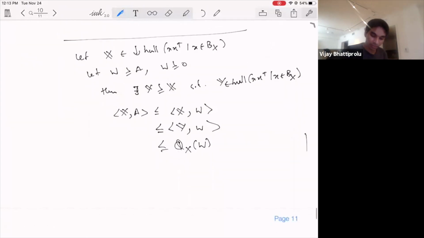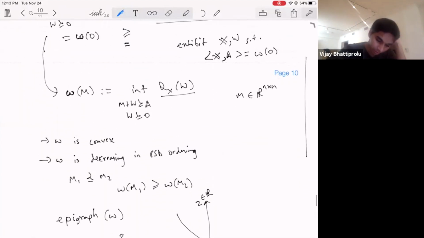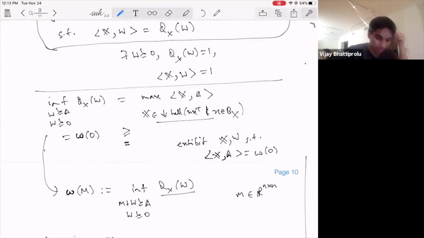So this implies the inequality I promised above, that the right-hand side is always at most the left-hand side.